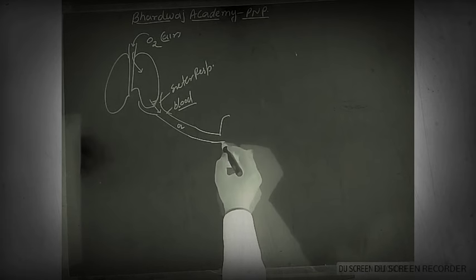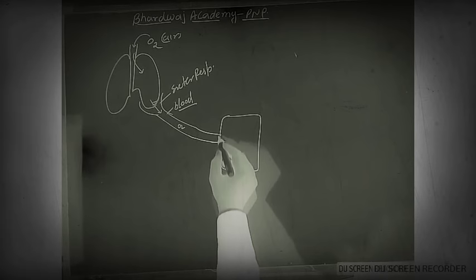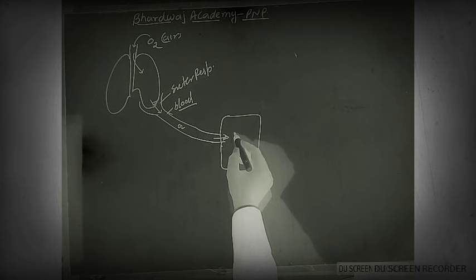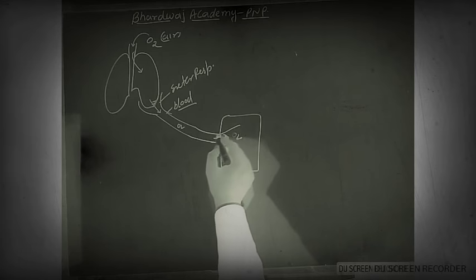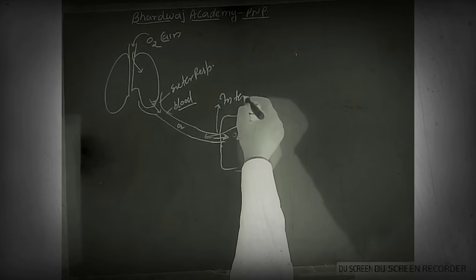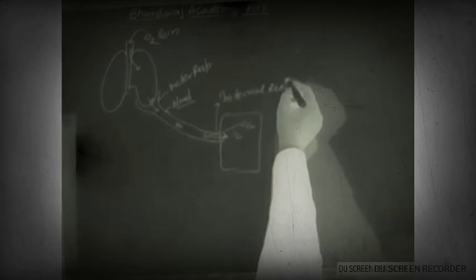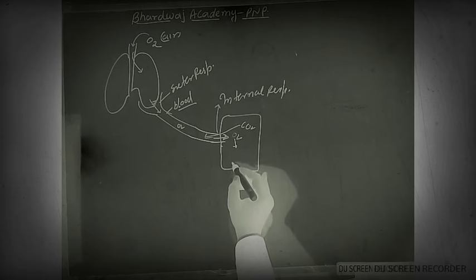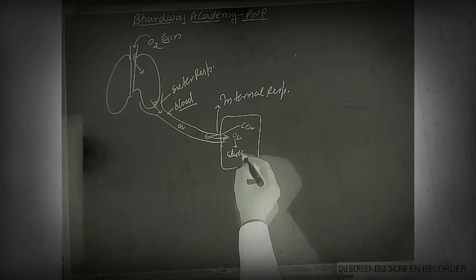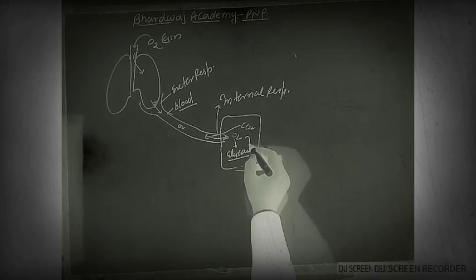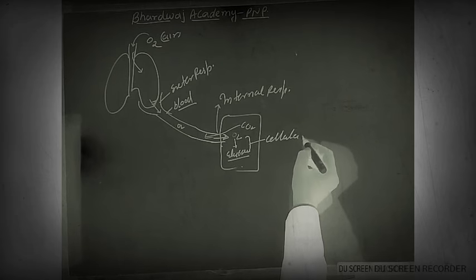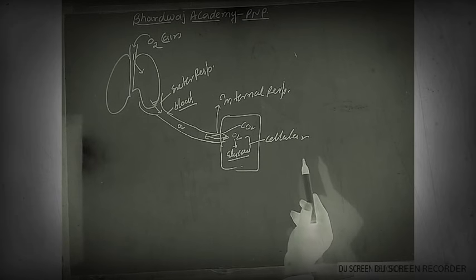Next, from the blood, oxygen reaches the cell. This exchange of gases, entry of oxygen into the cell and removal of carbon dioxide from the cell, is called internal respiration. And use of oxygen to break down the glucose in the cell is called cellular respiration. So these are the four phases of respiration.